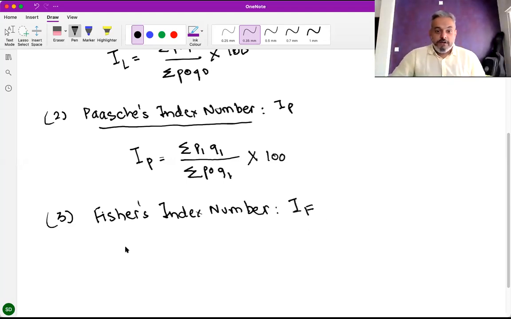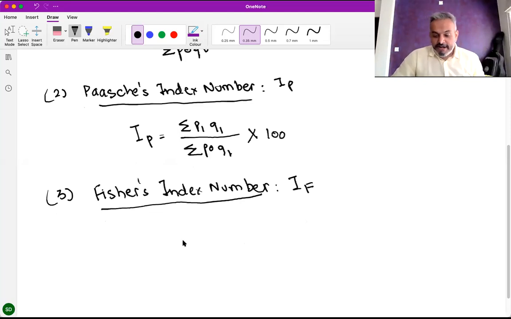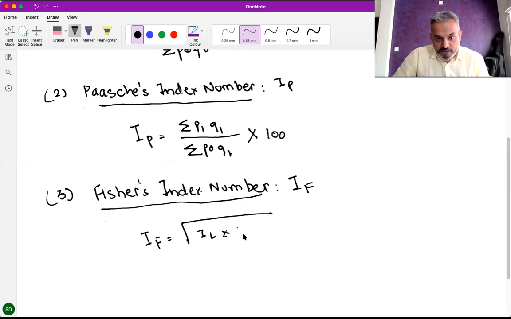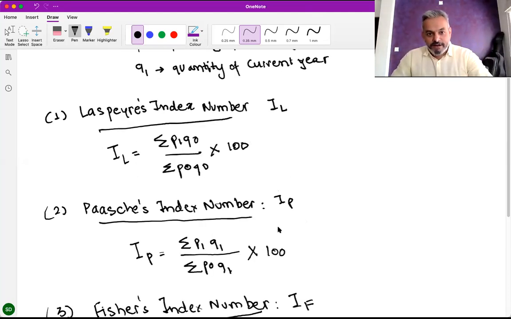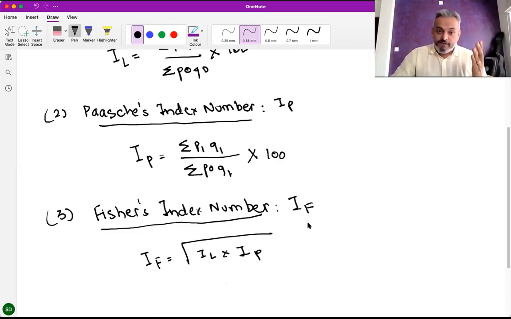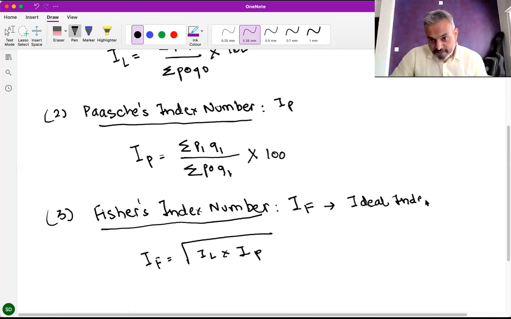Now Fisher did not do anything new. He said that my index number is basically IF is equal to under root of IL into IP. So he just made a geometric mean for Laspeyre and Paasche, and this Fisher's index number became the ideal index number. Please write this.